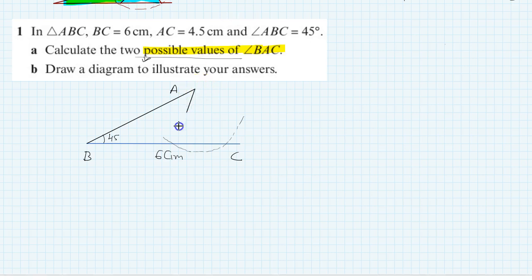So what we can see here is, this is triangle ABC. ABC is 45 degree. This is C. AC is 4.5. This is 4.5. And AB is 6. So this is the triangle. But there's another possibility, that this can also be the triangle.